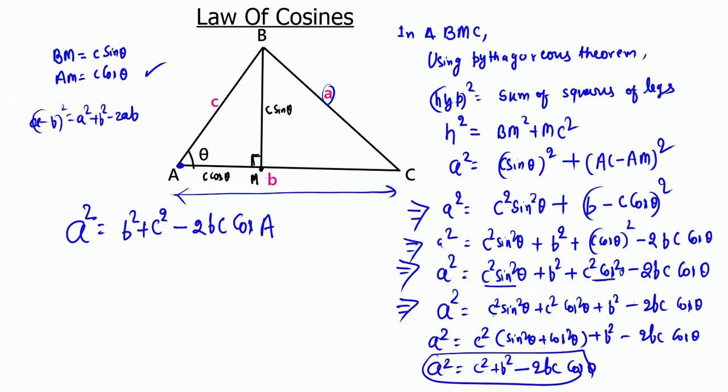We can use the same logic to find out what B square is equal to, and what C square is equal to. For example, A square is equal to B square plus C square.